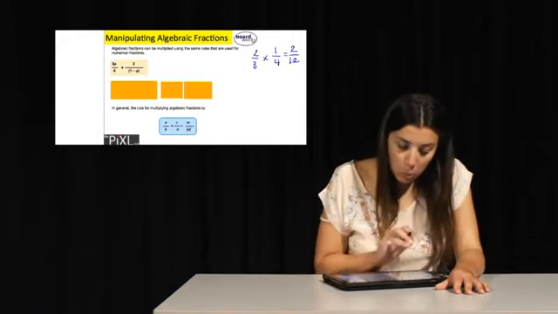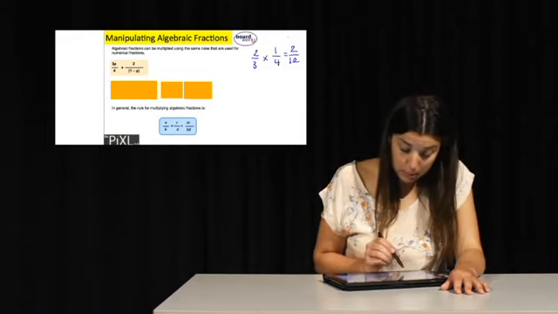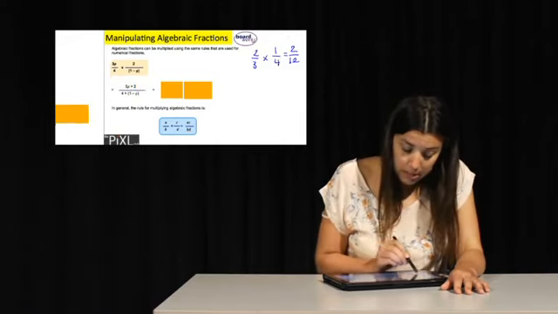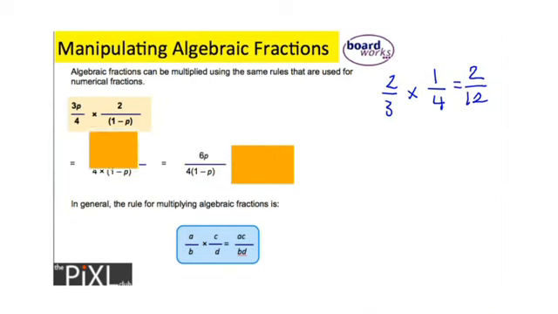So exactly the same thing we're going to do here. 3p over 4 multiplied by 2 over 1 minus p. So our first step, we're going to multiply them together. I'm going to write that down. If you multiply them together, you're going to be left with 6p in the numerator, and at the bottom, 4 bracket 1 minus p. We can then simplify that because 4 and 6, the highest common factor of those two numbers is 2.